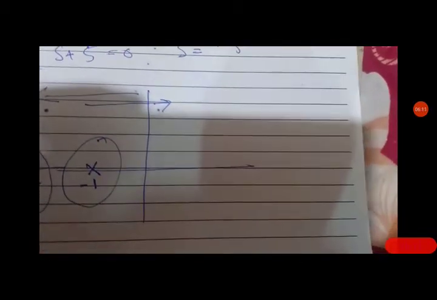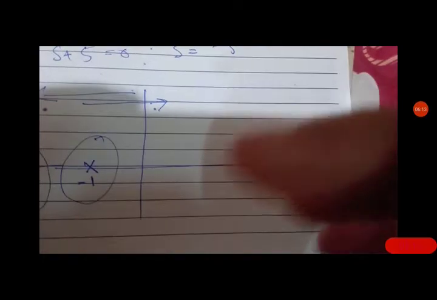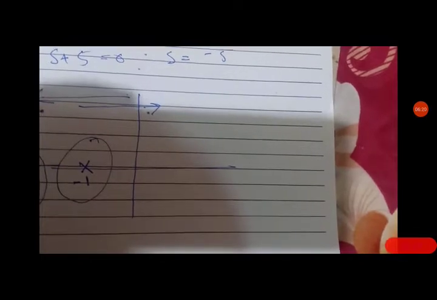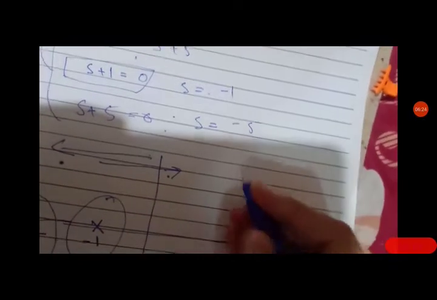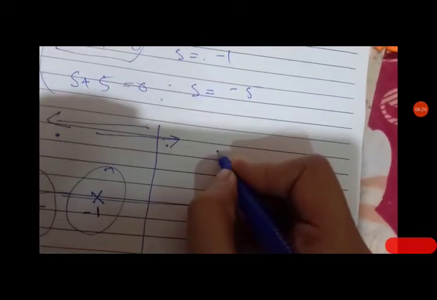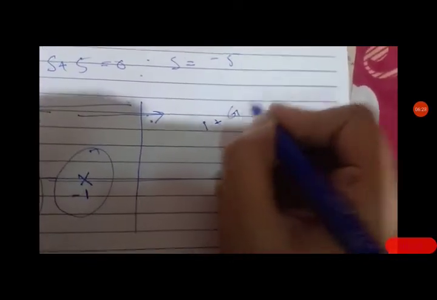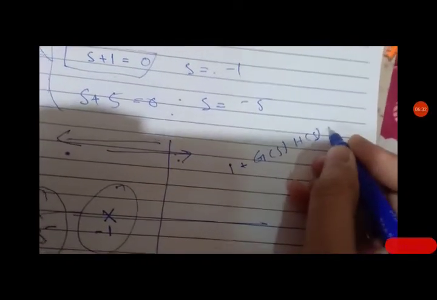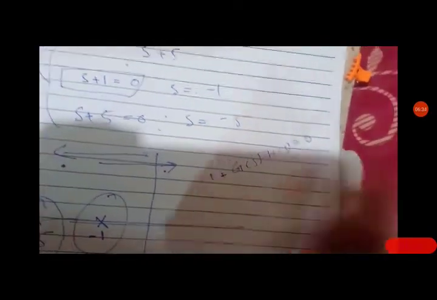So Routh's table is a technique that can find whether the system is stable or not. This technique is based on the characteristic equation, that is 1 plus G(s) into H(s) equal to 0.